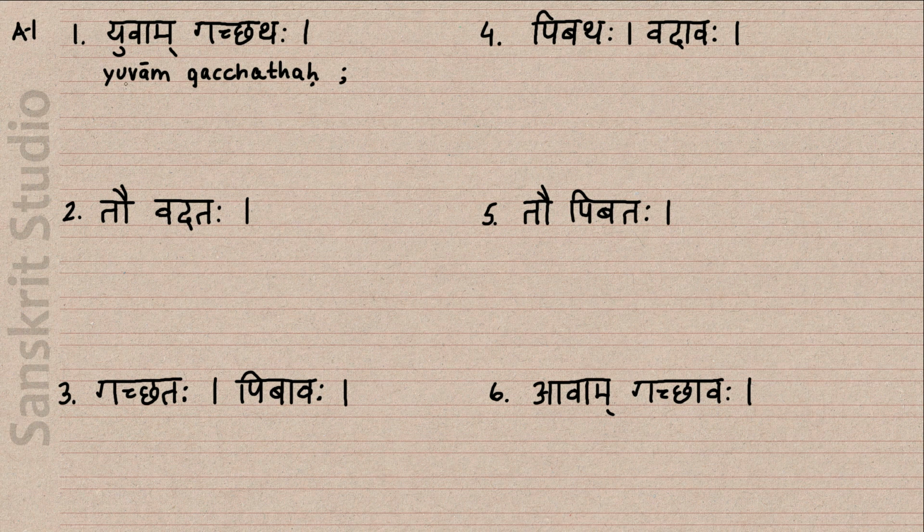Okay, and then we do the ESWO here, the English with Sanskrit word order. So yuvam, that's you two guys, dual case, second person. And then we have gacchathaḥ, which is to go, but who is going?